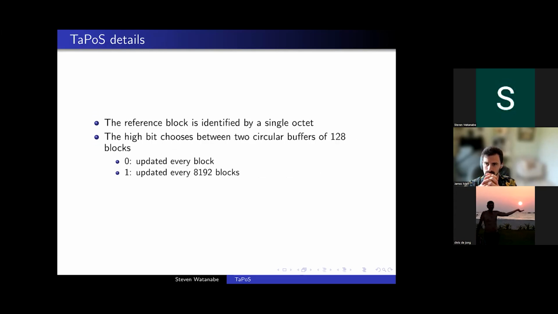So, the implementation of TaPoS in Sybase: we identify the reference block by a single octet, which is an index into a table containing 256 block IDs. The table is split in half. Each half is a circular buffer with 128 elements.